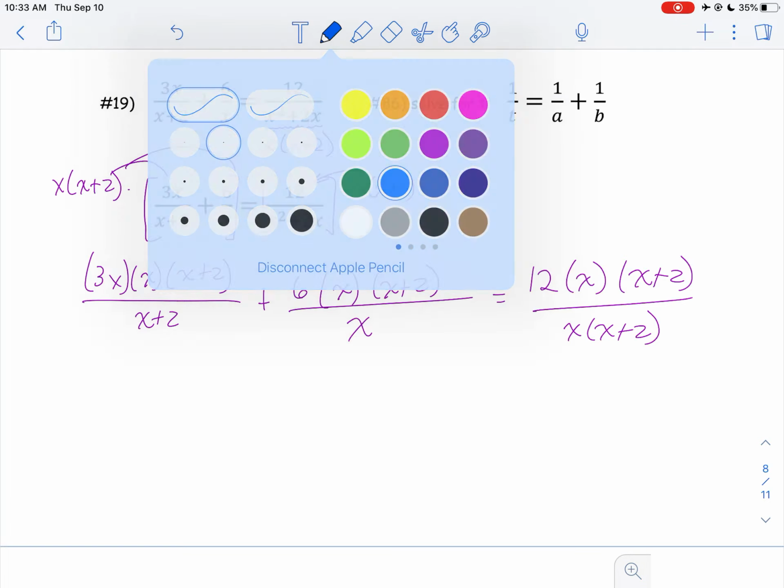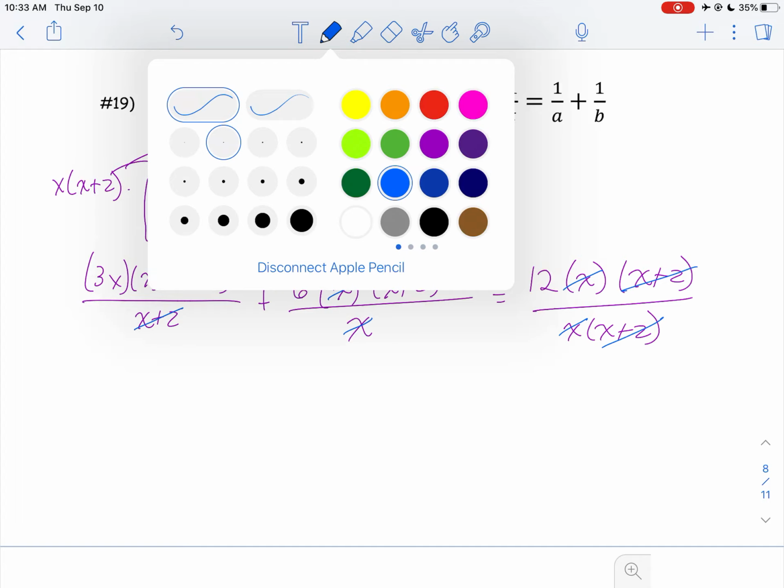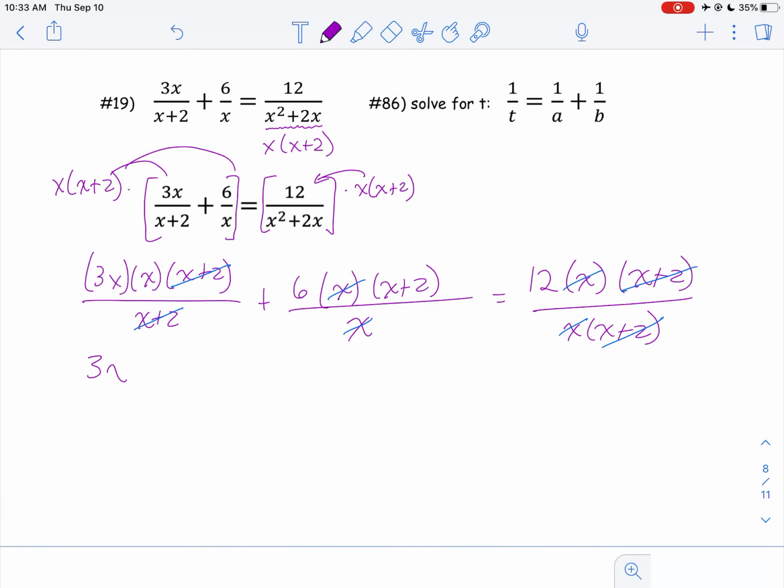Now you'll notice when we did this, because I multiplied by the least common denominator, these divide out. This is really nice because now I have a lot simpler of an equation to work with. I have 3x squared plus, distribute my 6x plus 12 equals 12.